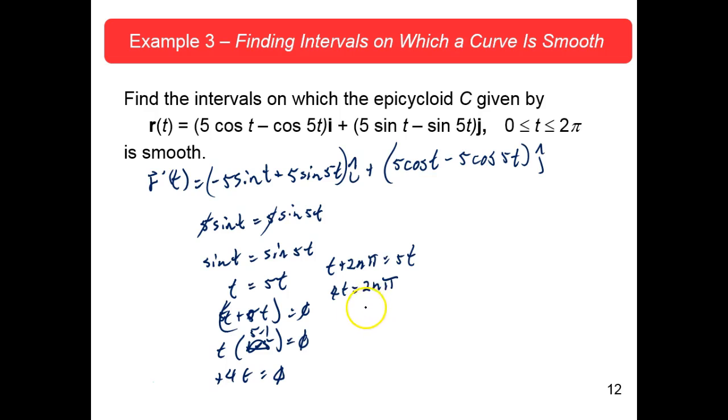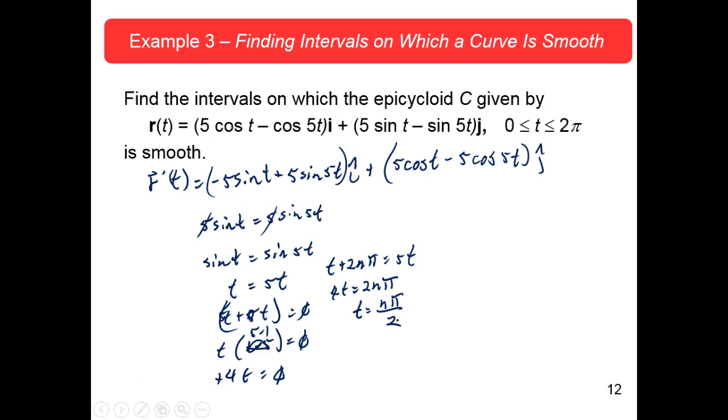That's going to be when t is equal to n pi over 2.